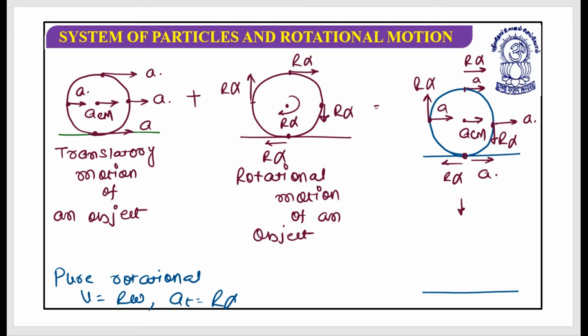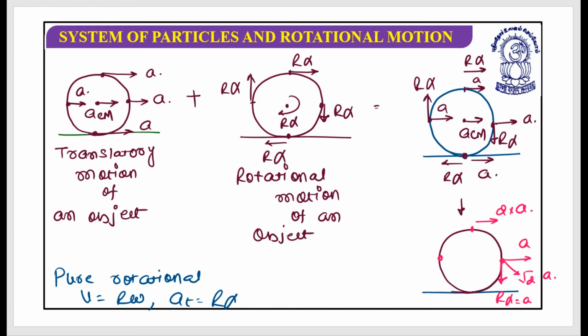Let's have a look very quickly. So let's replace A and r alpha. This would be twice the acceleration, both in the same direction. For this particle, this is A, this is r alpha, so this is root of 2A.